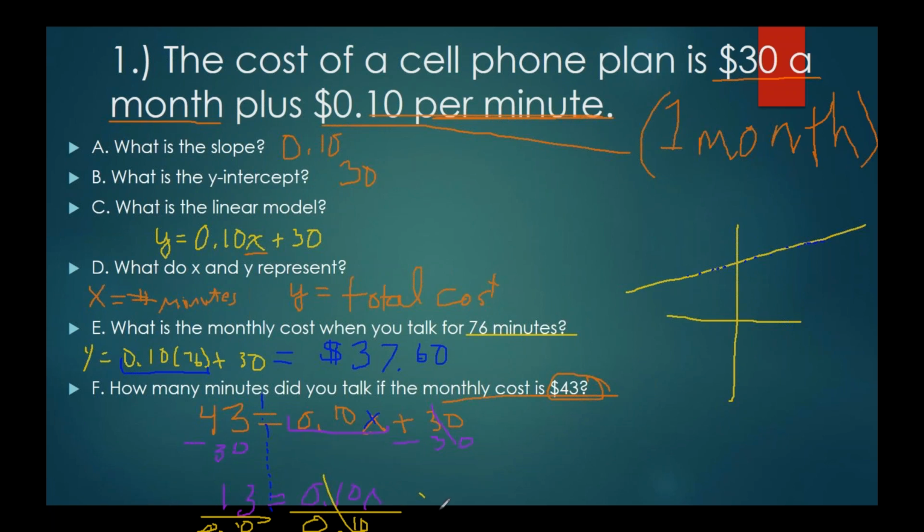And that gives us 130 minutes. You're good. You had the second step. They came in order on the chat box. First we had minus 30, then we had divide by 0.10. So you always want whatever's touching X, that comes at the very, very last piece of the puzzle.